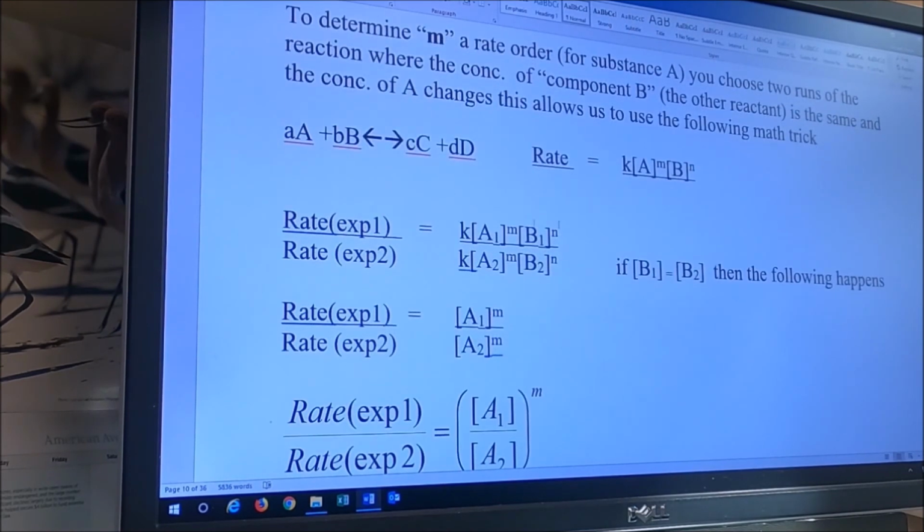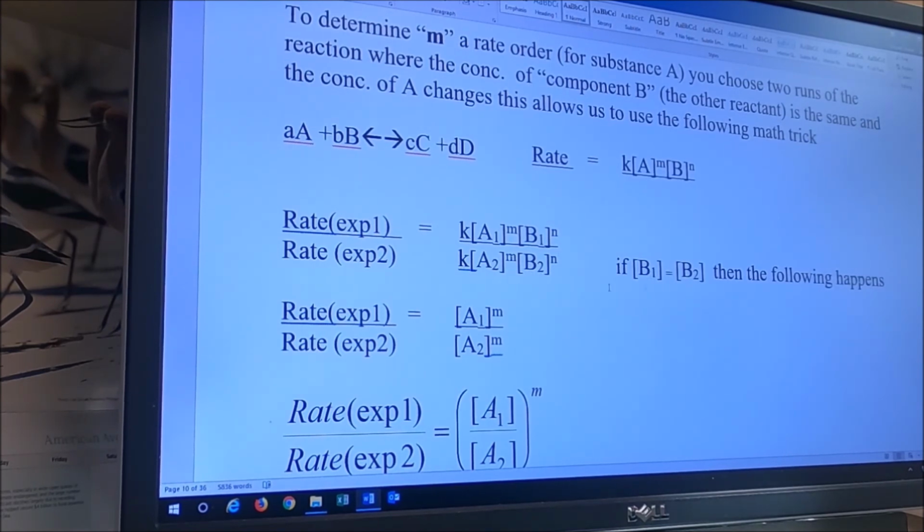Namely, I can say the rate of experiment 1 over the rate of experiment 2 equals k, [A] from reaction 1 to the m, [B] from reaction 1 to the n, divided by k, [A] from reaction 2 to the m, [B] from reaction 2 to the n.